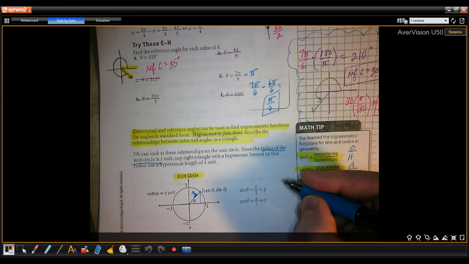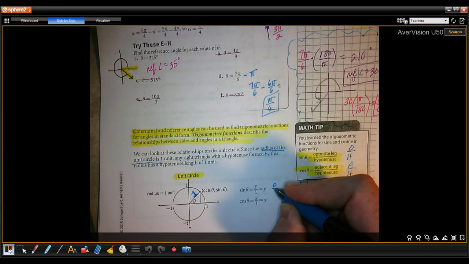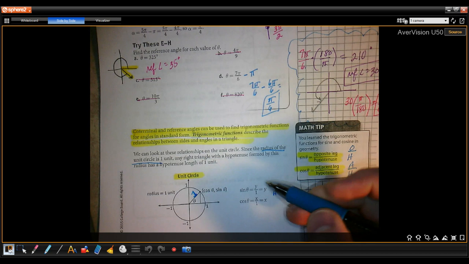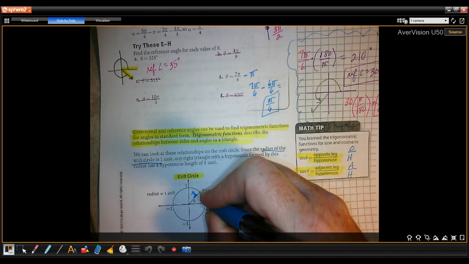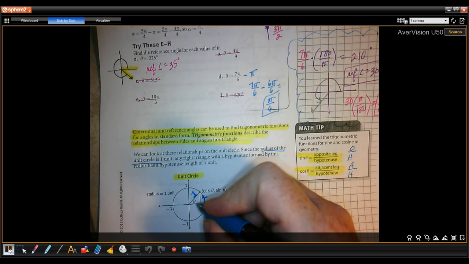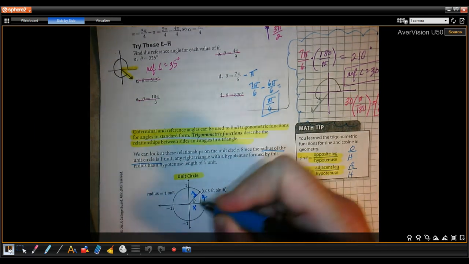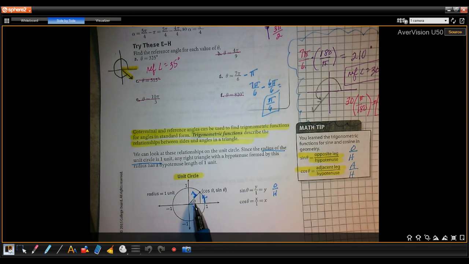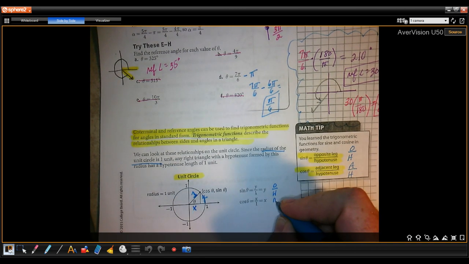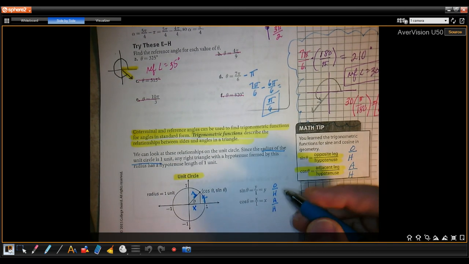That's where they're getting it: the vertical distance goes along the y-axis, so this is y. The horizontal distance is your x distance, the x-axis. So sine of theta is opposite over hypotenuse. And then cosine is adjacent over hypotenuse. And that's how they're getting this right here.